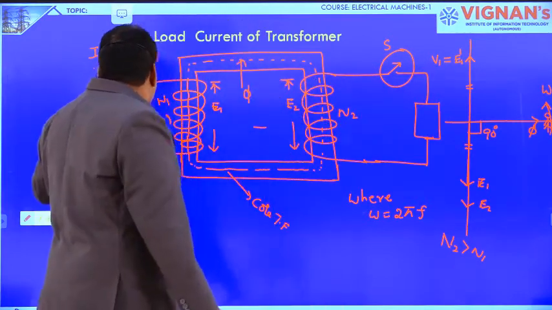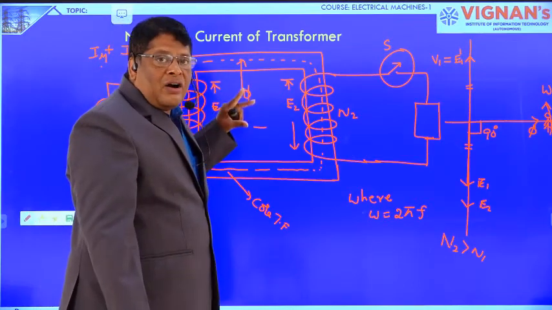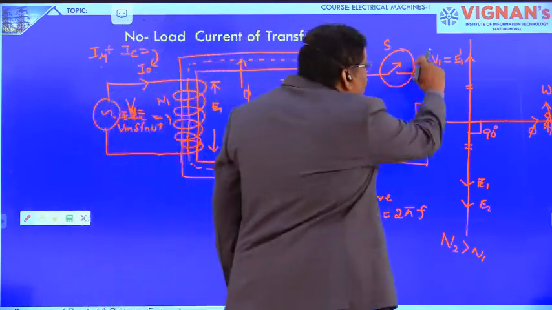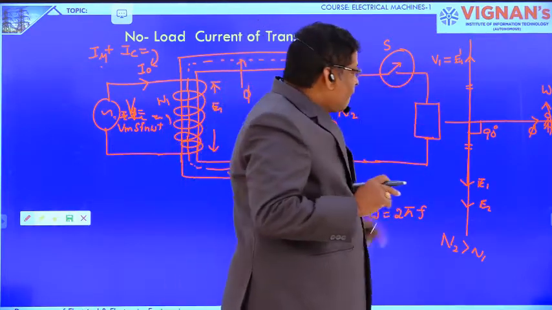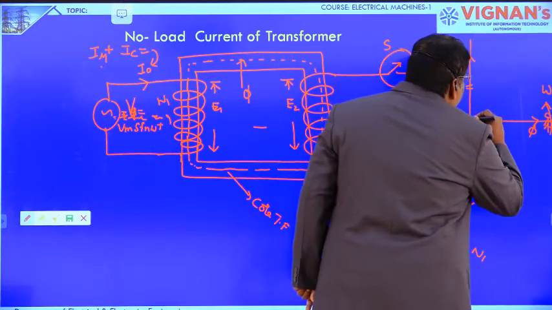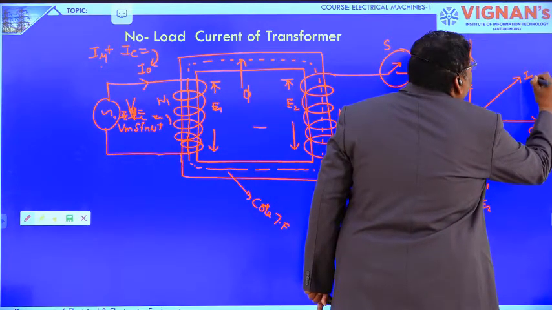Whenever we apply a voltage V1, it takes a current I0, the no load current, which lags V1 by some angle. This is I0, the no load current.